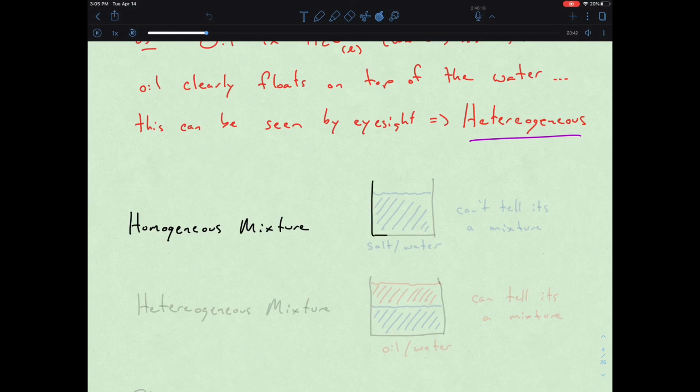We have now maybe a beaker, right, and so we can't tell it's a mixture. And then we have the heterogeneous.